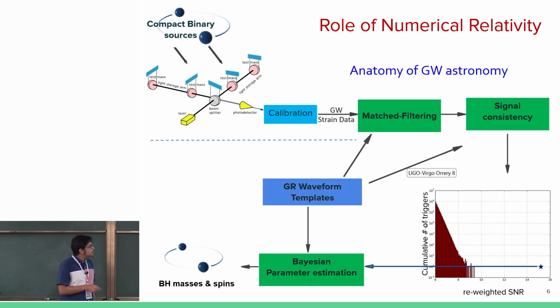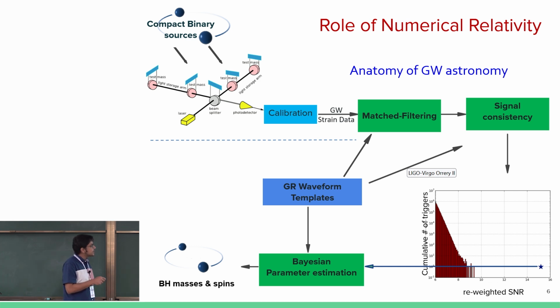Okay, so what is the role of numerical relativity in this field of gravitational wave astronomy, right? So here is briefly a flow chart of how this field of astronomy is currently operational. We have sources, compact binary sources primarily, which emit gravitational waves.